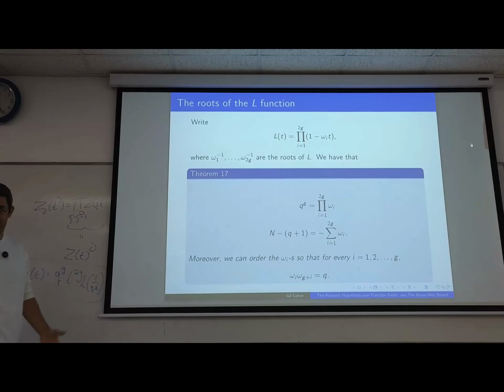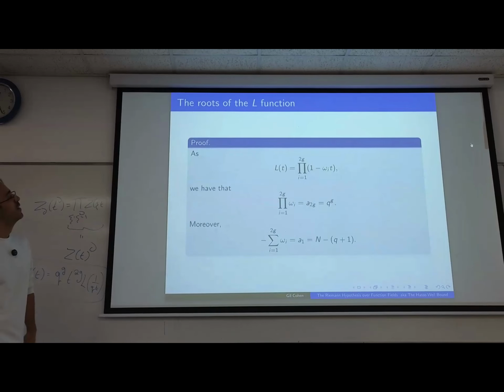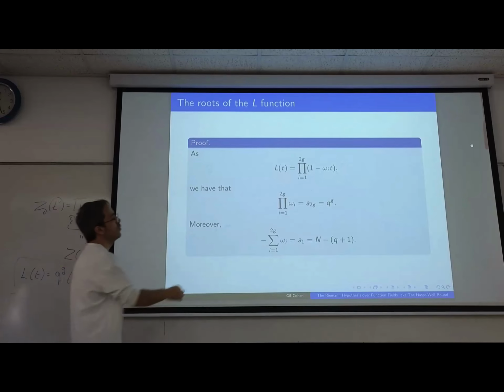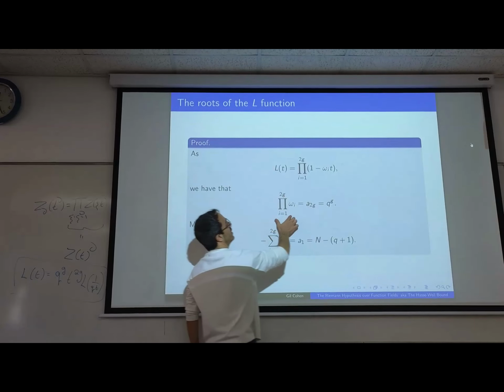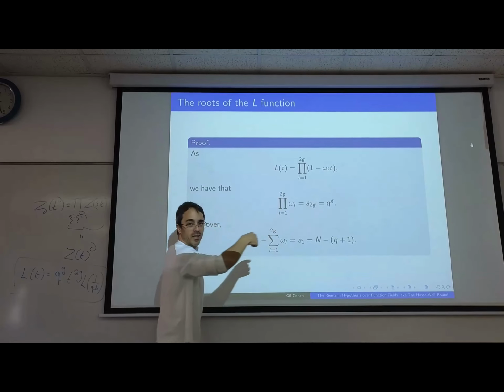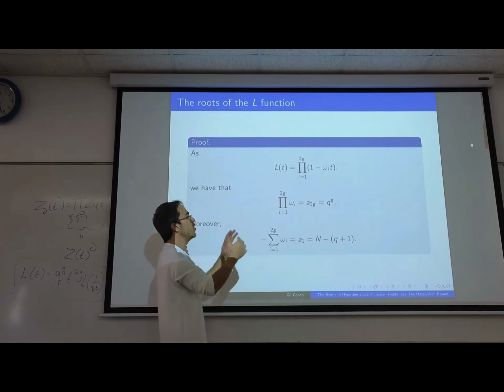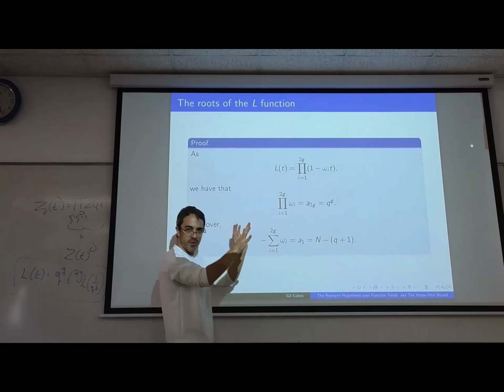Okay, so let's see why this whole thing is true. So this is L(t), and we know the product of the omega i's. I thought this was going to be obvious. The product of the omega i's is just the coefficient of t to the 2g. There is also a minus 1, but it appears 2g times, so it goes away.